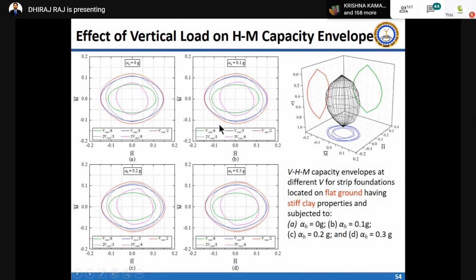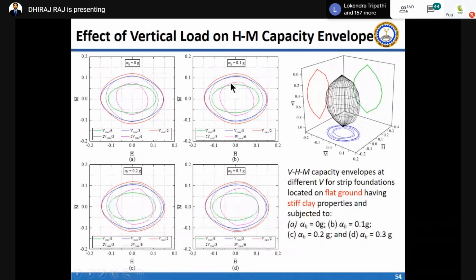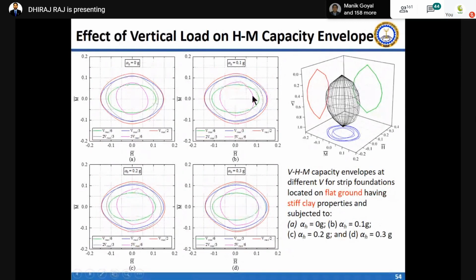I have targeted factor of safety 6, factor of safety 3, factor of safety 2, factor of safety 2/3, and factor of safety 5/6. Okay, so these are the different factors of safety which we have targeted, and you can see how it is changing in the HM plane at a given vertical load. If these foundations are kept on flat ground, these are quite symmetric in the H and M plane.